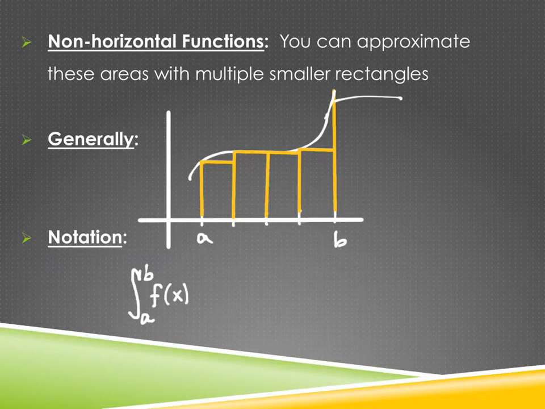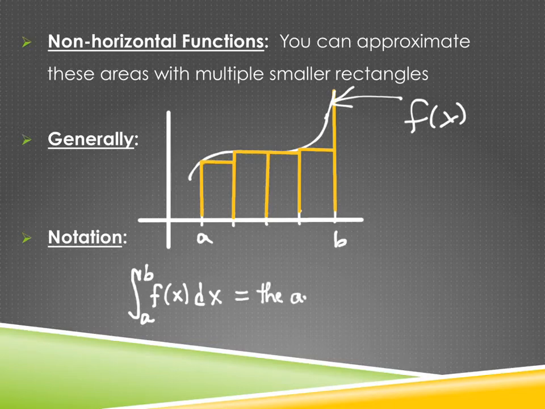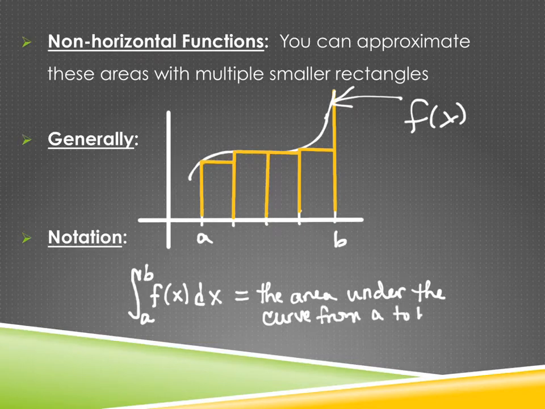So this function here is f of x next to this script S. And we put a dx on the end. And what this is, I'll tell you how we read it, but it's the area under the curve from A to B.